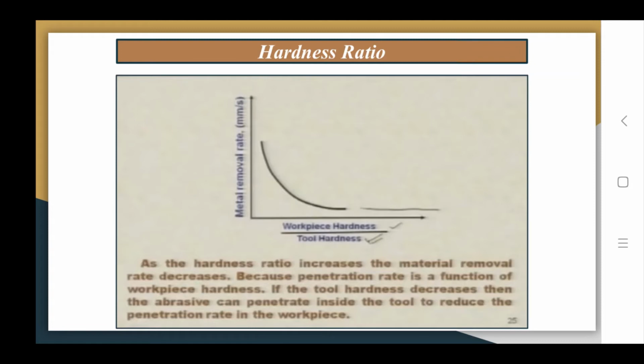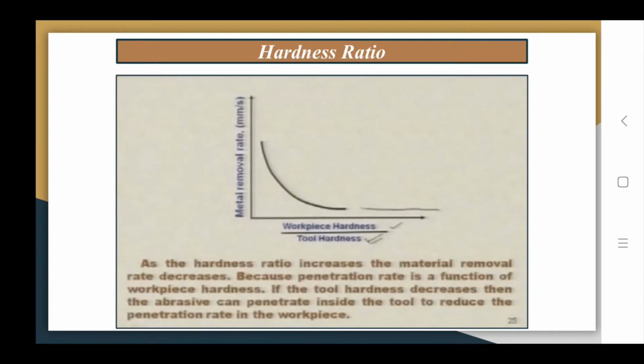It becomes more or less constant beyond a certain value of this ratio. And if the hardness of the workpiece is very high, then MRR may decrease substantially, tending towards zero.